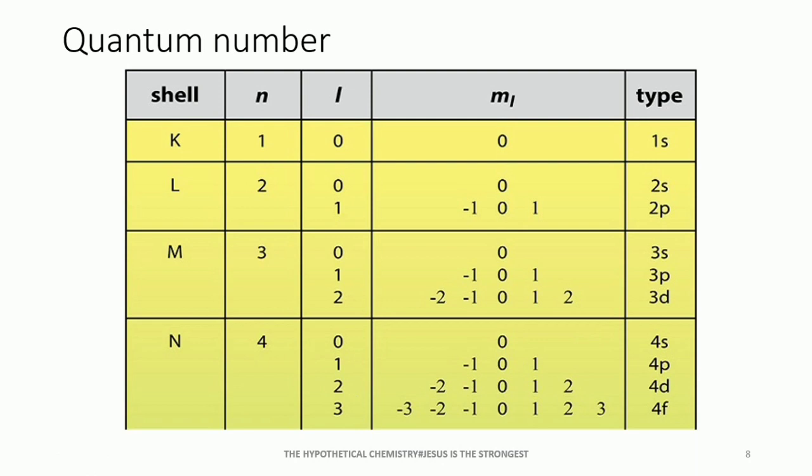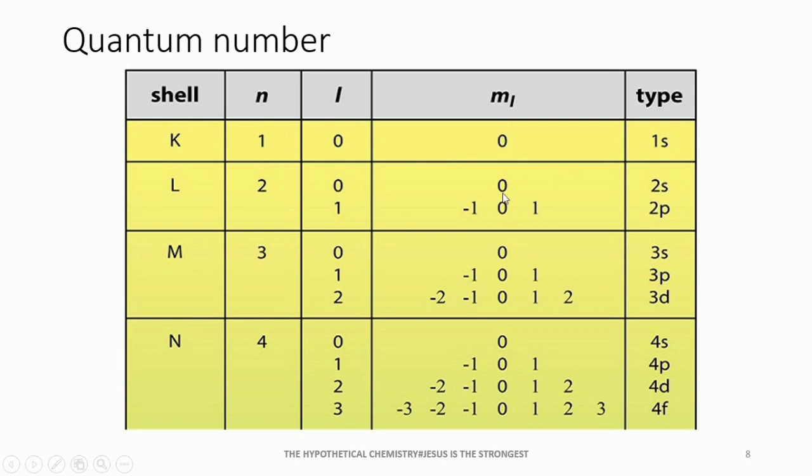Take note of that. Now, to know the number of orbitals, you count the number of magnetic quantum numbers. Here for the first shell, which is the K shell, we have only one magnetic quantum number, which is 0, meaning we have 1 orbital there.